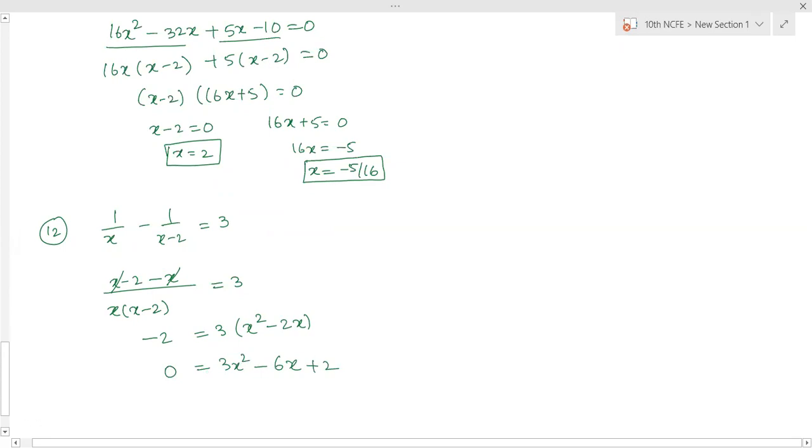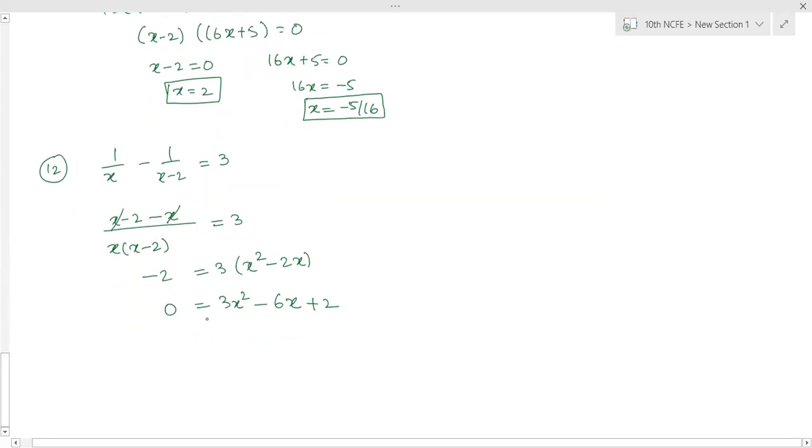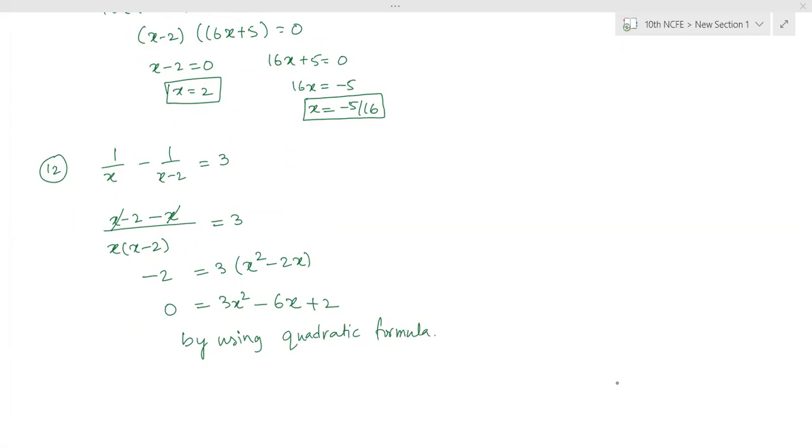Now here the product needed is 6, and the sum is also 6, which is not possible. So we have to solve this by using the quadratic formula. For that, first write down the values of a, b, c.